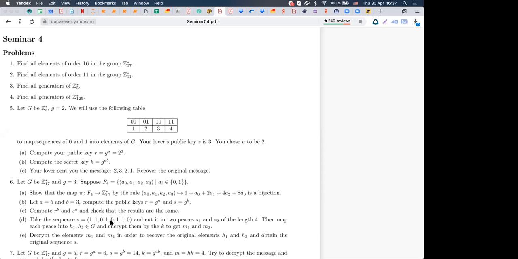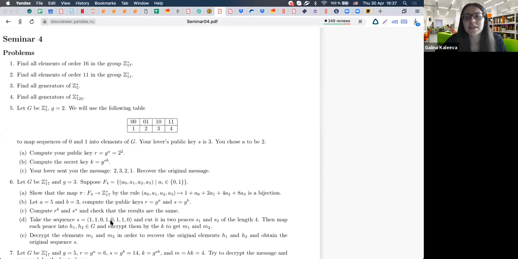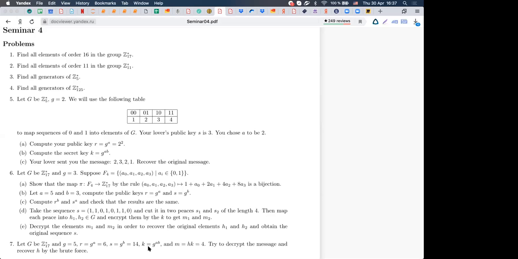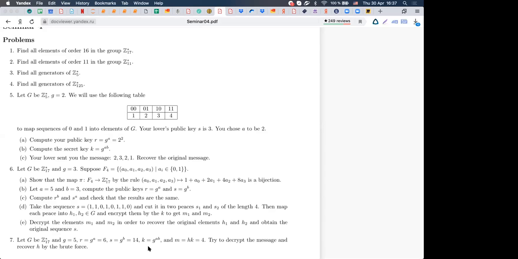It is just the message which we want to encrypt. So the S in the C point and S in the D point are not the same. Oh, okay, got it. So S1 and S2 are two strings which we want to encrypt, and then decrypt back. Okay, got it. All right.